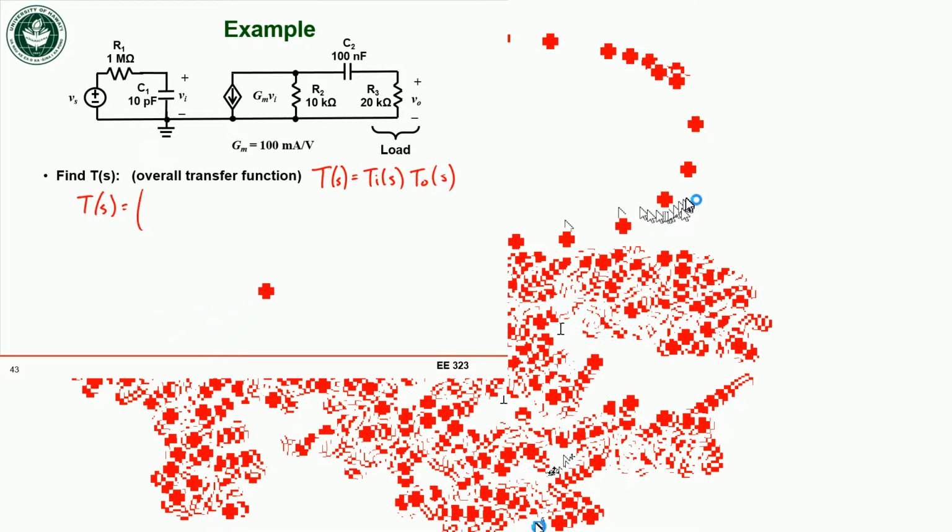And so the input transfer function was 1 over 1 plus S R1C1. And the output transfer function is negative gm R2 multiplied by R3 over R2 plus R3 plus 1 over SC2.